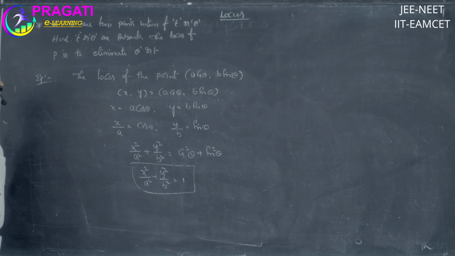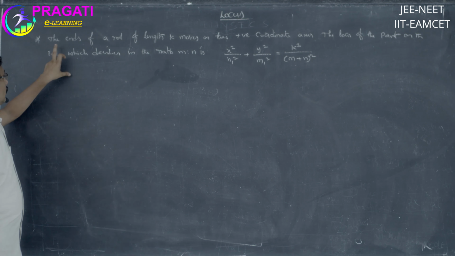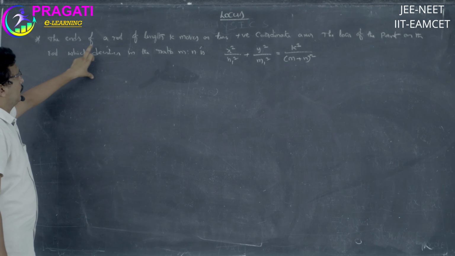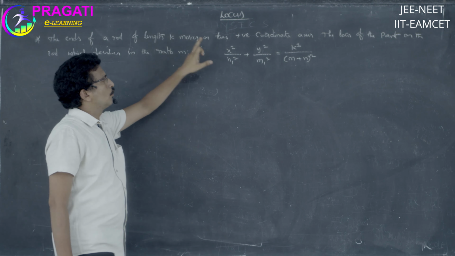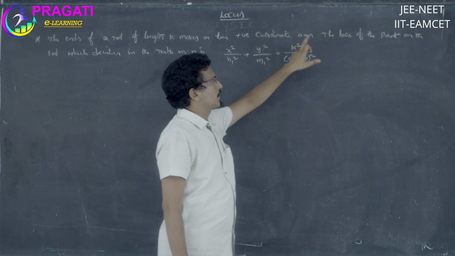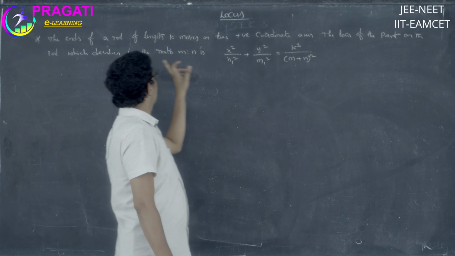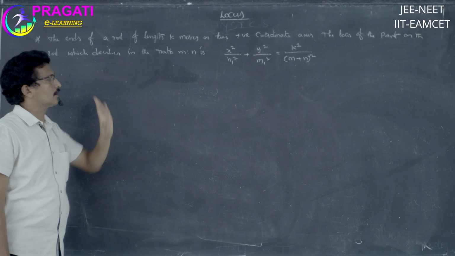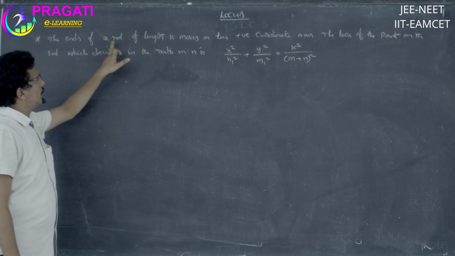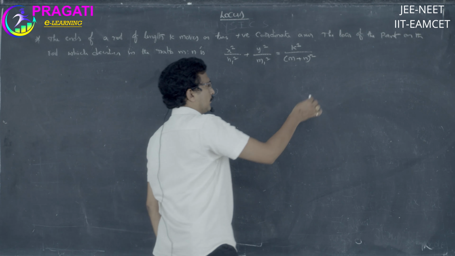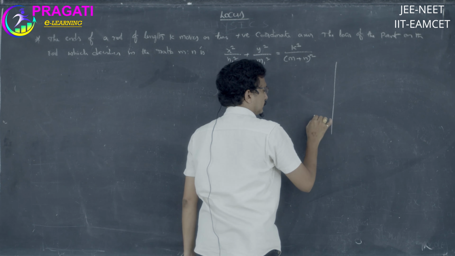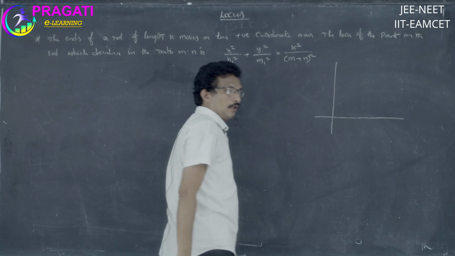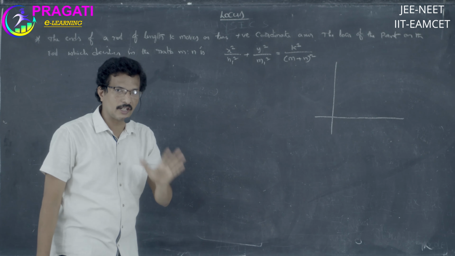The next problem is, the ends of a rod of length k move on two positive coordinate axes. Then the locus of the point on the rod which divides it in the ratio m is to n is, here observe that the ends of a rod of length k, here it is two mutually perpendicular lines, these are called coordinate axes.